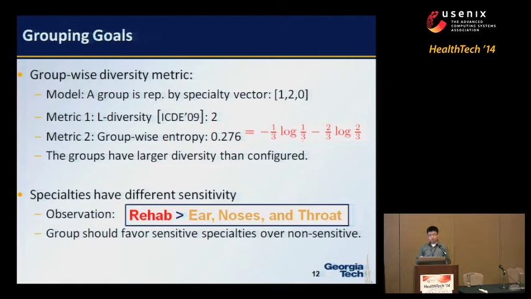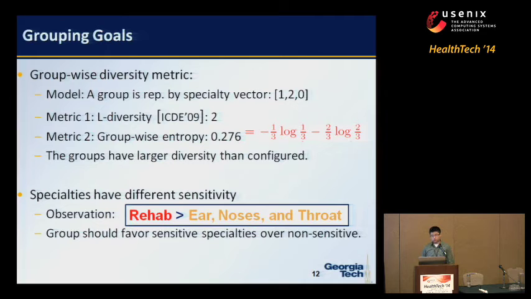Let's say 1 represents that this hospital has the specialty in this category, and 0 means it does not. A group-wise specialty vector is a merged version of the hospital-wise specialty vectors. So here, 1, 2, 0 means that in this group, there is one hospital with specialty 1, two hospitals with specialty 2, and no hospital with specialty 3.